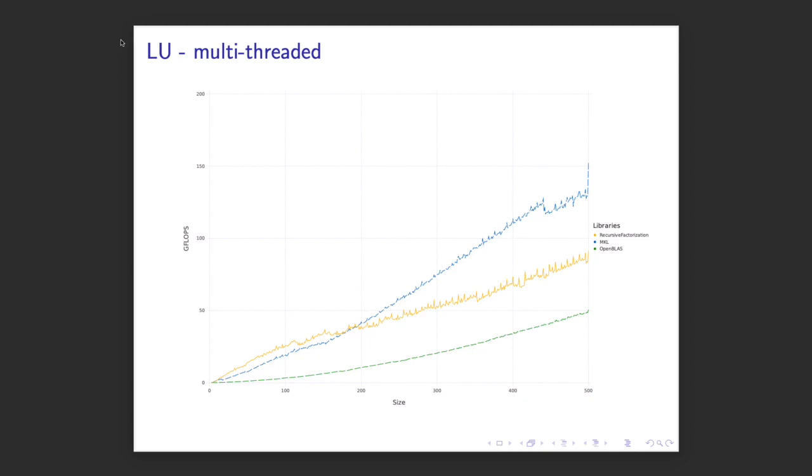Meanwhile, MKL managed to achieve a much more dramatic performance improvement. OpenBLAS, on the other hand, did fare actually more poorly than recursive factorization, having improved from around 40 to 50 G-flops at 500, and having actually lost performance for 200 by 200 matrices and smaller.